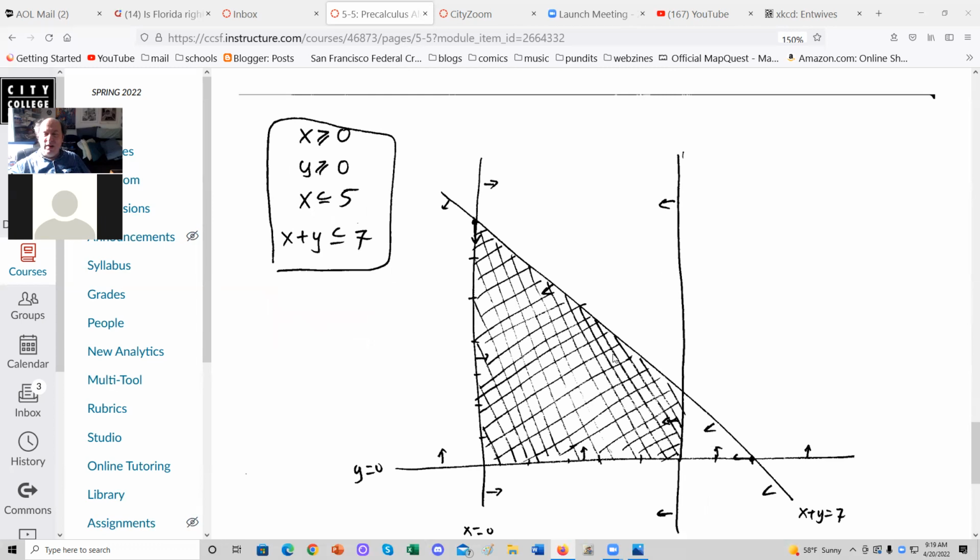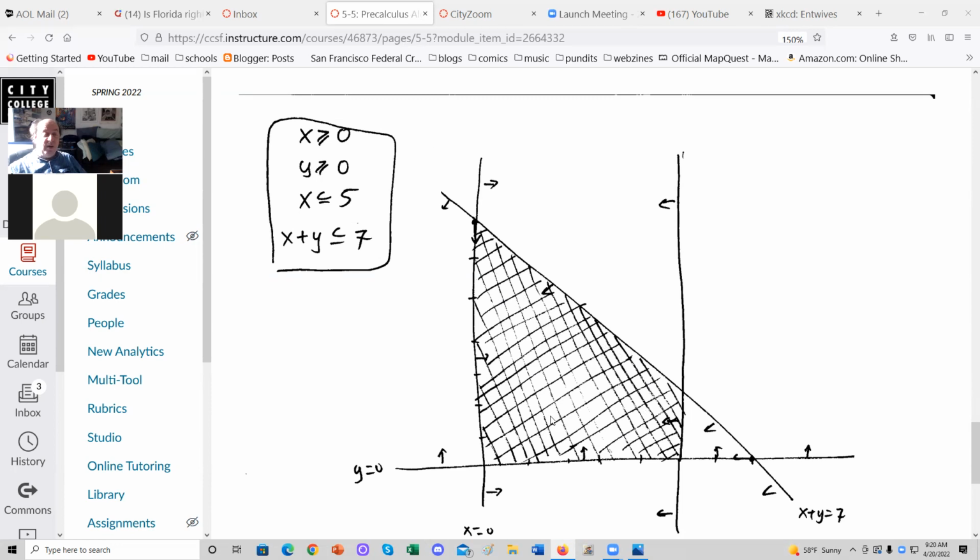This region in here is called the feasible set, the set of possible values of x and y that are allowed within these constraints. And the question is, what production schedule, what production program gives you the greatest profit? Presumably the shoes give you a certain profit, the sneakers give you a certain profit. Which of these possible linear programs maximizes profit?